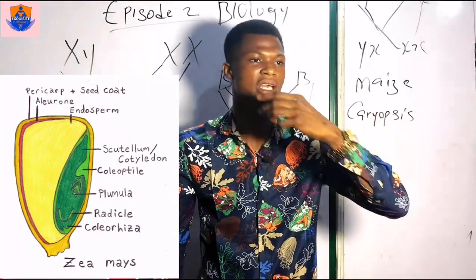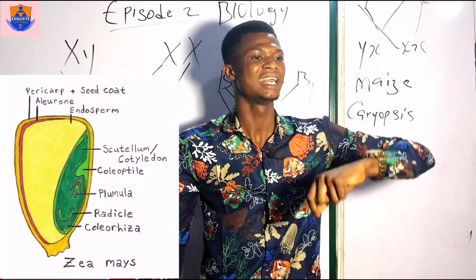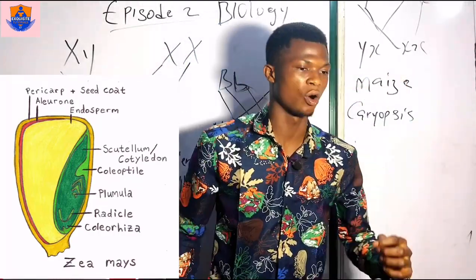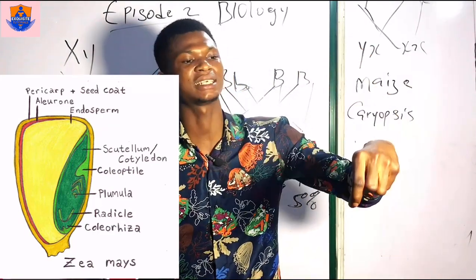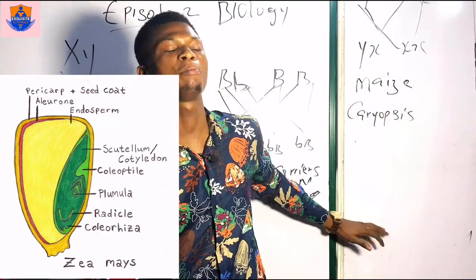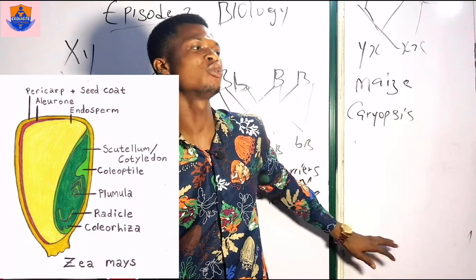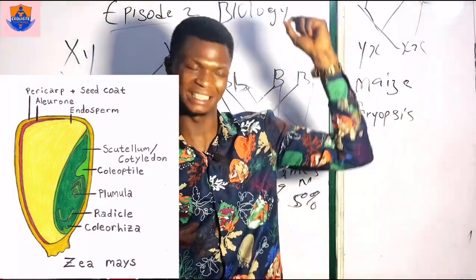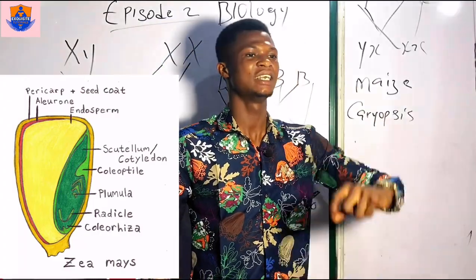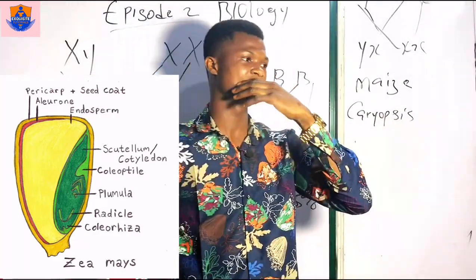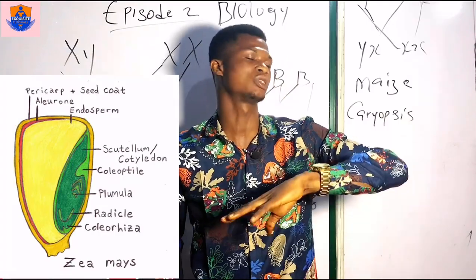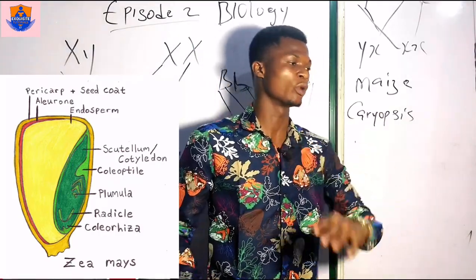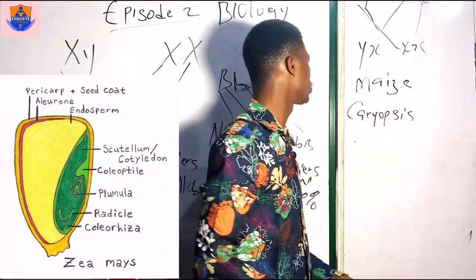The grains of maize can be eaten as a fruit and can also be planted as a seed because it has the testa attached to the pericarp. So do not think the maize is a seed. It is not a seed, but it is a fruit. You can read more about fruits and seeds. When you see the different types of fruits and seeds, you will understand this concept better.